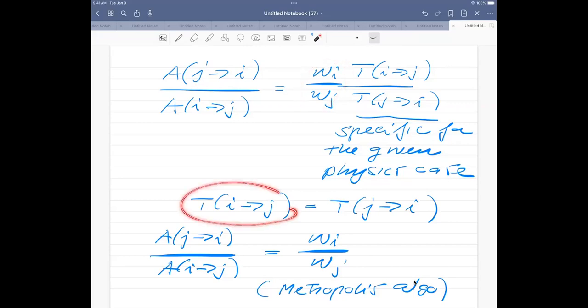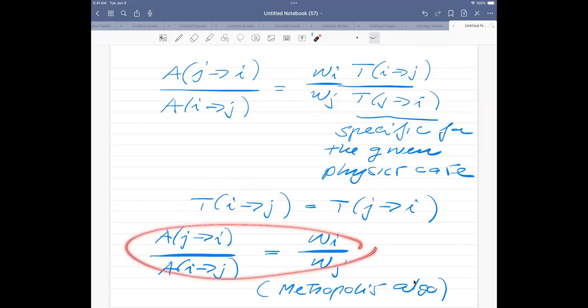If you assume this symmetry, then we have this simpler case here, but we still need to find a way to simulate the values for A. So let's see how it was done in the Metropolis algorithm. The strength of the Metropolis algorithm is its amazing simplicity. So if you make something simple which works, this Metropolis algorithm obeys detailed balance, and it also obeys the ergodic hypothesis. You can actually show that.